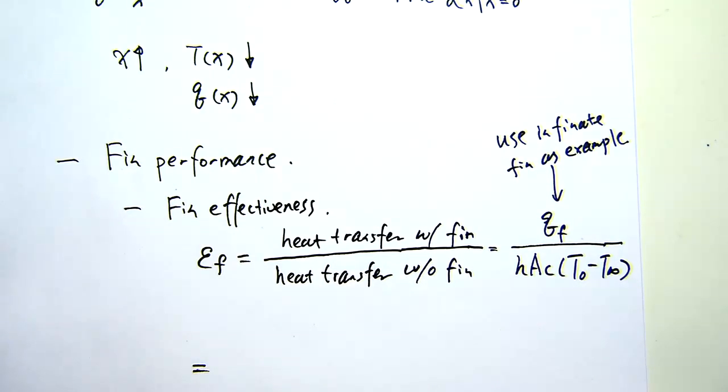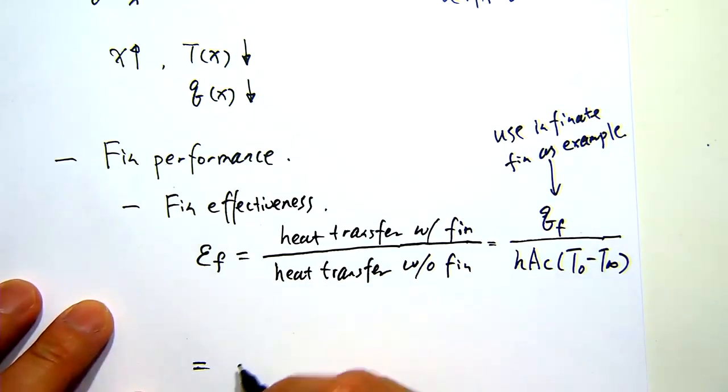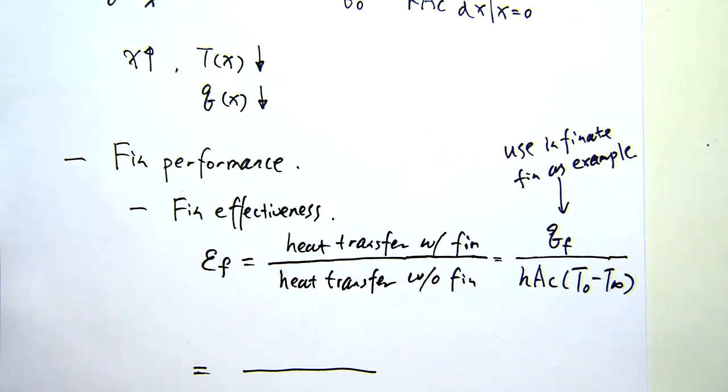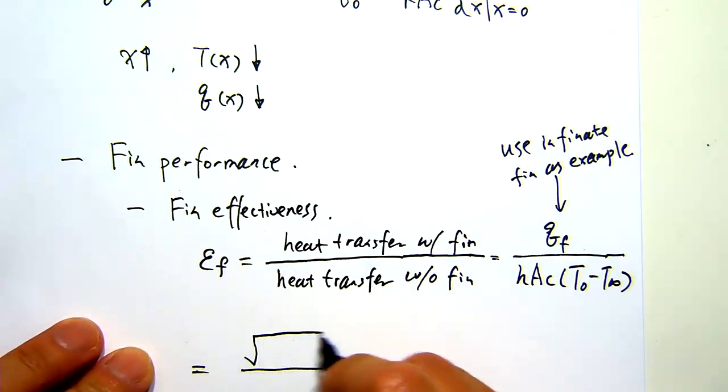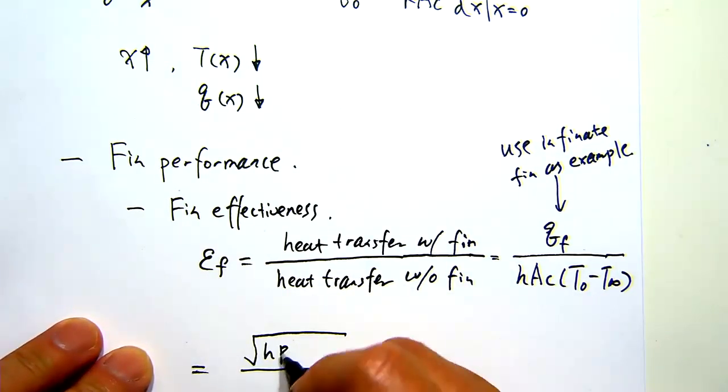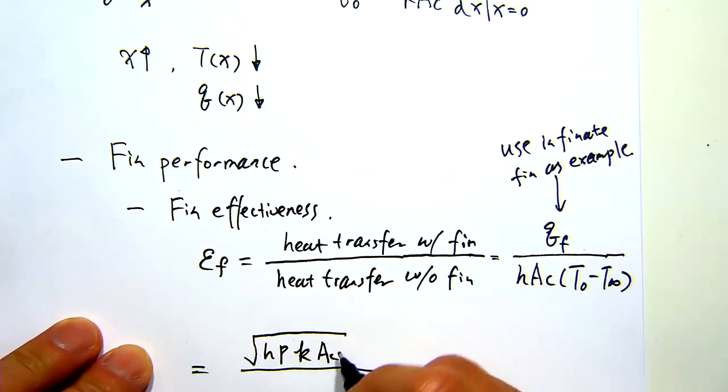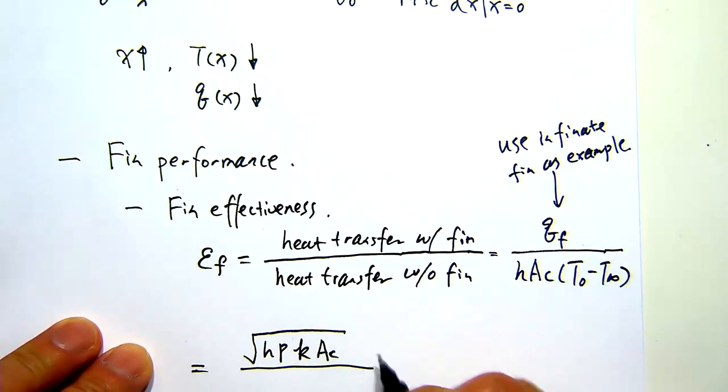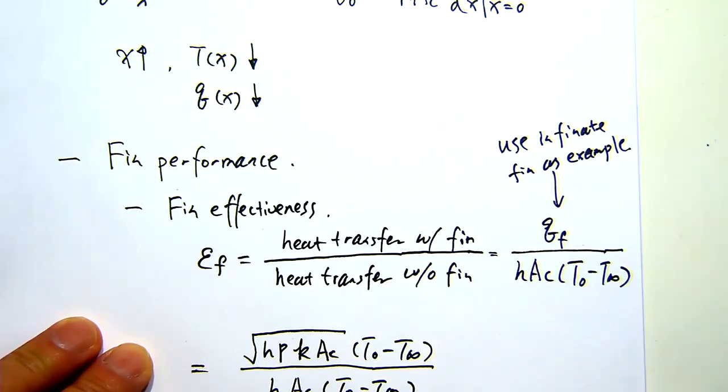All right. So the Q_f, if you remember the equation or the table that I showed last time, can be written as, I didn't bring that table here, but it can be written as square root of h P k A_c times (T_0 minus T infinity), divided by h A_c (T_0 minus T infinity).